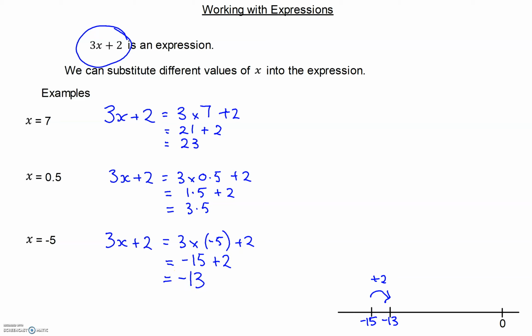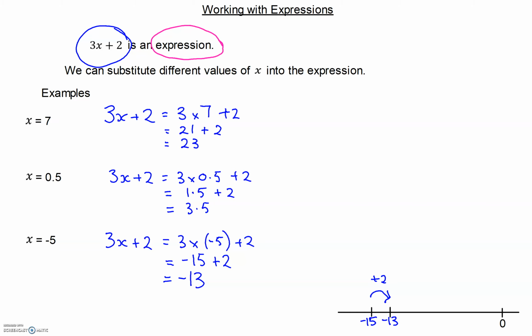So it's important that you take note of the language that we're using here. Expression is a very key part of algebraic language, and 3x plus 2 is an expression. It takes lots of different values, as we've just shown. But what we can do is take that expression and make it equal to a certain value.